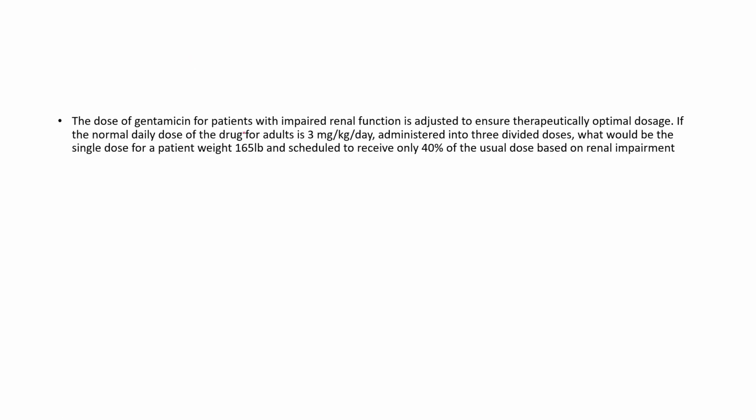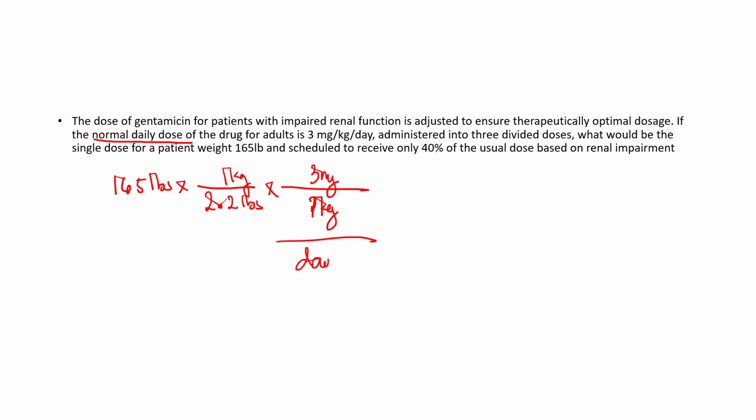Okay, so first let us compute for the patient's dosing. So the normal daily dose is 3 milligrams per kilogram per day. So the patient's weight is 165 pounds times 2.2 pounds is 1 kilogram, and the dosing is per kilogram you have 3 milligrams, and this is per day.